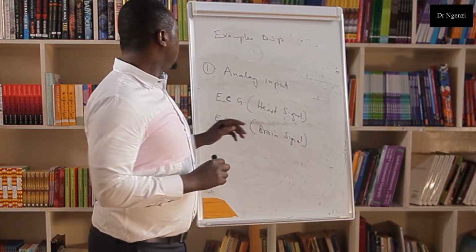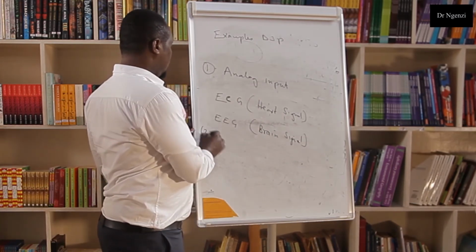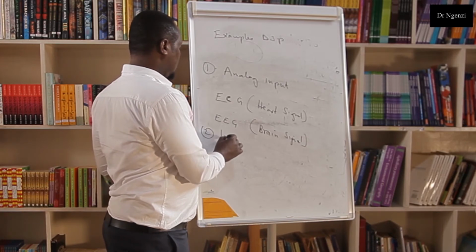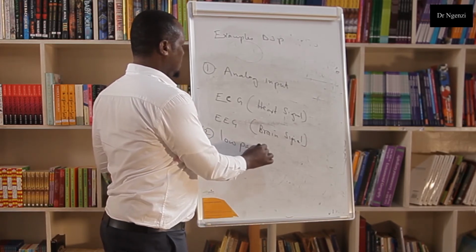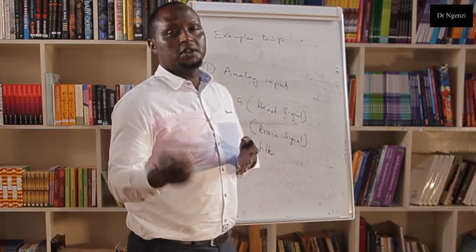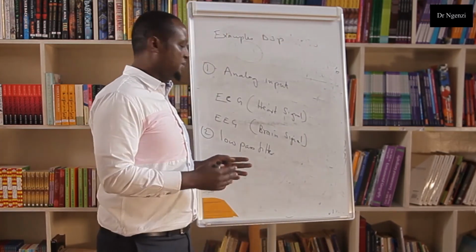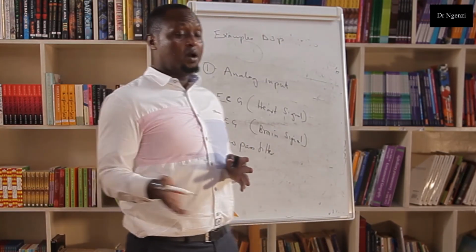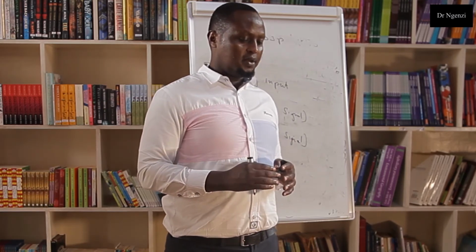But I have mentioned also that number 2 is the filters. This is a low pass filter. Remember, some of you who have studied electronics have studied filters. We have high pass, low pass, and band pass filtering systems.